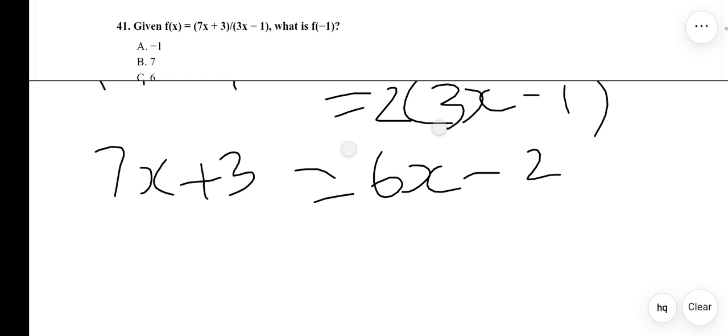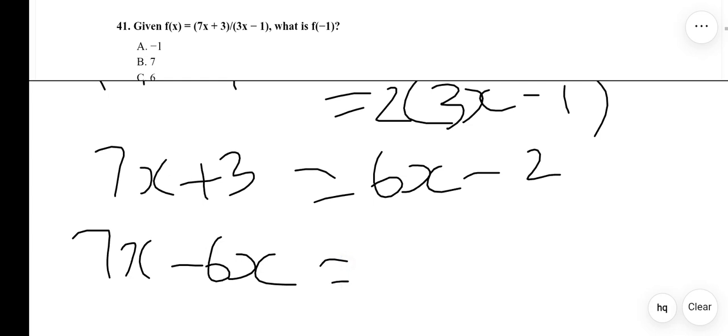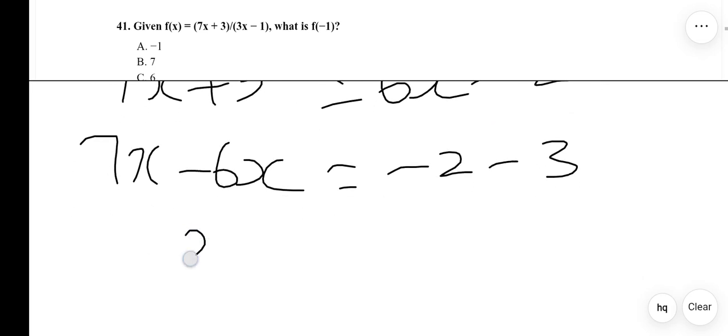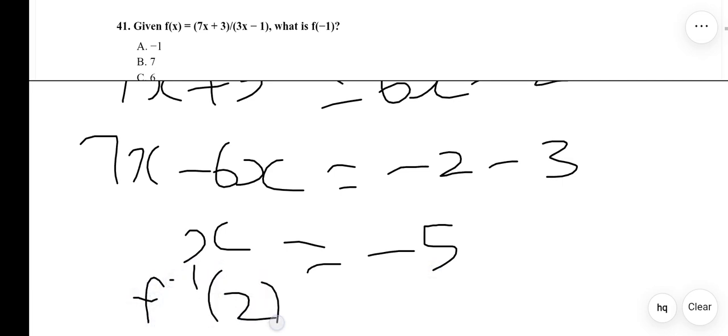So now I'll take 6x to the other side. So I'll have 7x minus 6x, because I take it to the other side, change to minus. This minus 2 is there. This plus 3 to the other side, change to minus 3. So 7x minus 6x will give me x. Minus 2 minus 3 will give me minus 5. So the value of f inverse of 2 is same thing as this minus 5.